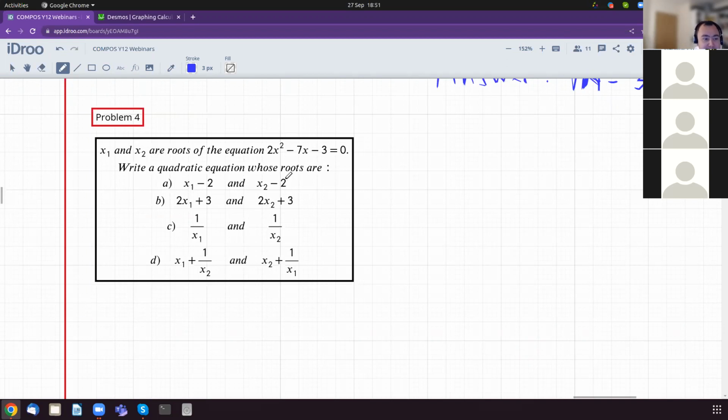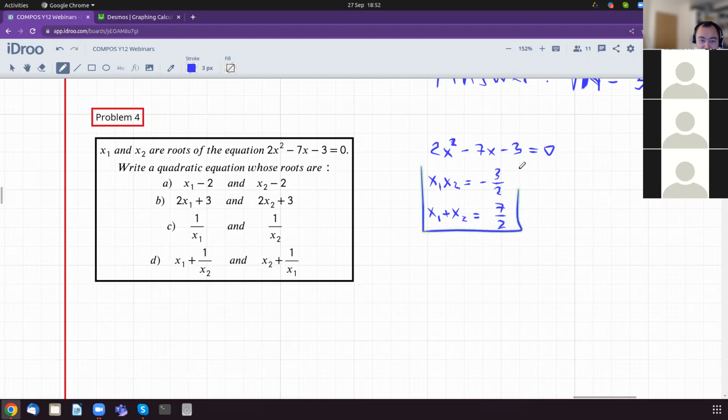Write a quadratic equation whose roots are x1 minus 2 and x2 minus 2. So let's start with the equation x squared minus 7x minus 3 equals 0. Applying the Vieta's formulae, which is in the assignment, x1 x2 is minus 3 over 2, and x1 plus x2 is 7 over 2.